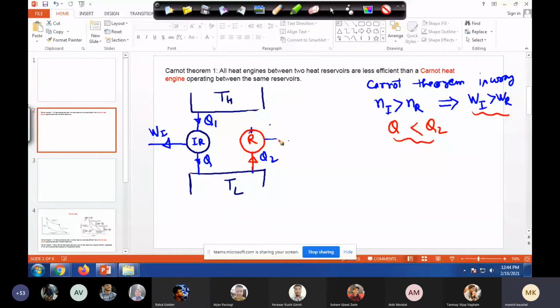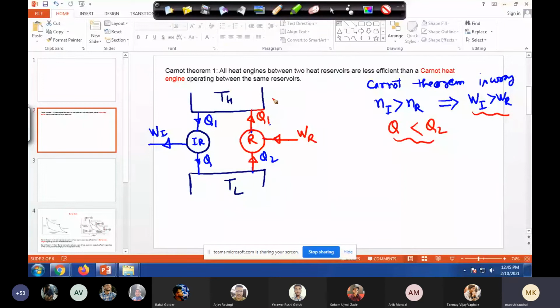You have to do work, right? Otherwise, it's not possible. So you are doing work. How much? WR, because it's a reversible engine. So same thing will be flipped. When it was working as an engine, it was delivering WR work. When it will work as a pump, you have to deliver the same amount of work to transfer the heat from low temperature body to high temperature body. And what we are transferring is Q1. So since it's a reversible engine, we can revert it back.